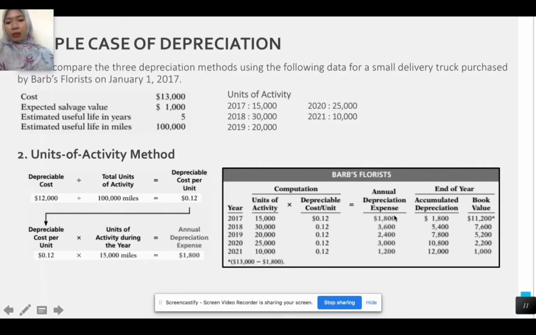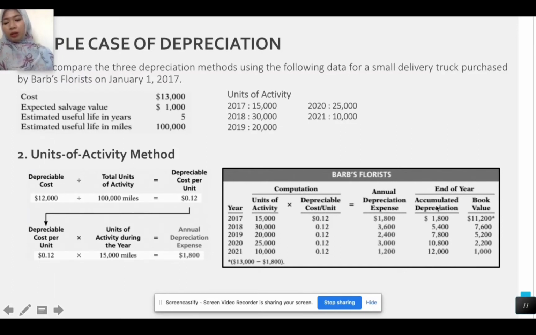So annual depreciation expense for 2017 is $1,800. For 2018, 30,000 miles multiplied by $0.12. So annual depreciation expense for 2018 is $3,600, and so on until the last year.